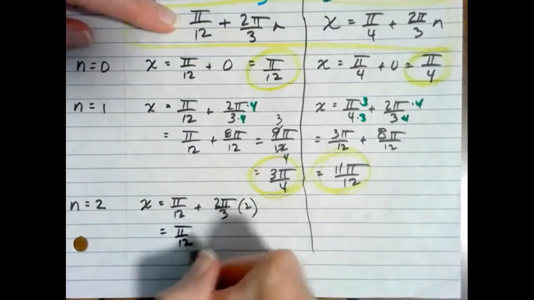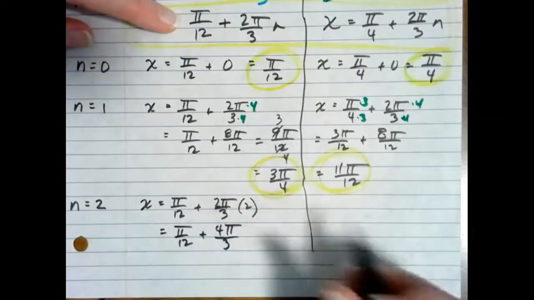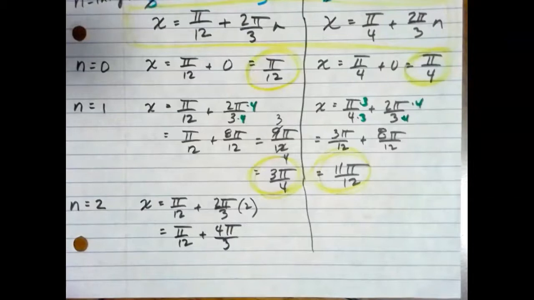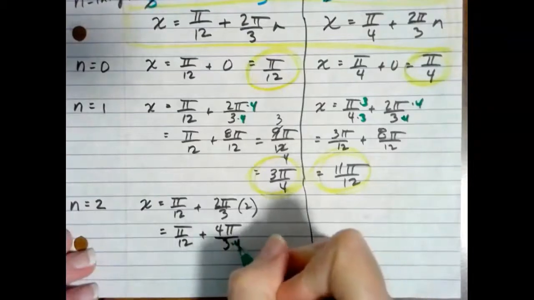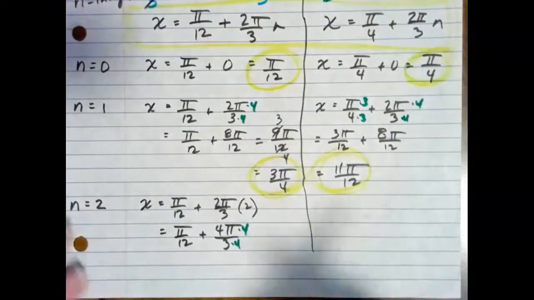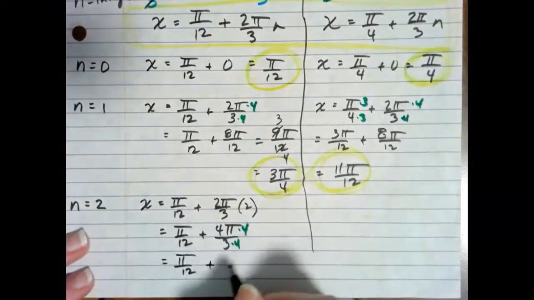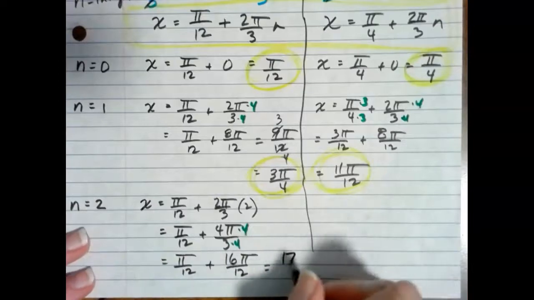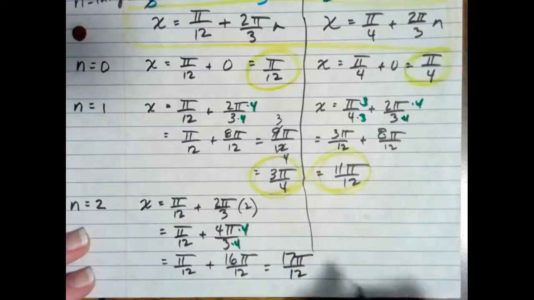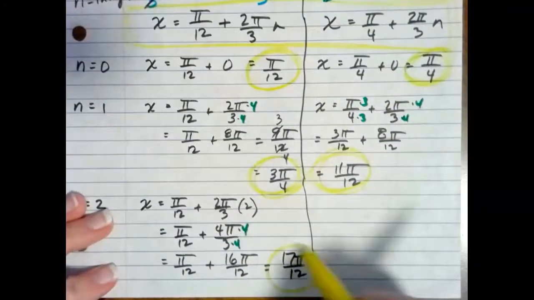So pi over 12 plus 4/3 pi. So once again, we need a common denominator, times 4 times 4. So we end up with pi over 12 plus 16 pi over 12, which is 17 pi over 12. So 1, 2, 3, 4, 5. Now we're up to 5.